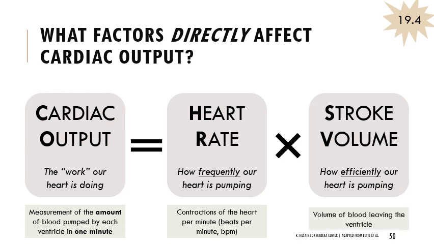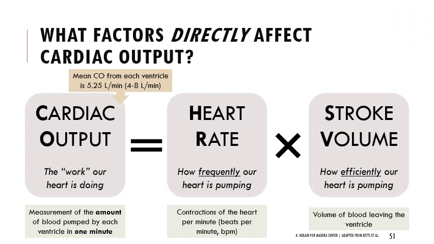Stroke volume is the volume of blood leaving the ventricle on average, referring to a single ventricle. So we're looking at that volume per unit time. On average, the mean cardiac output from each ventricle is about 5.25 liters per minute.